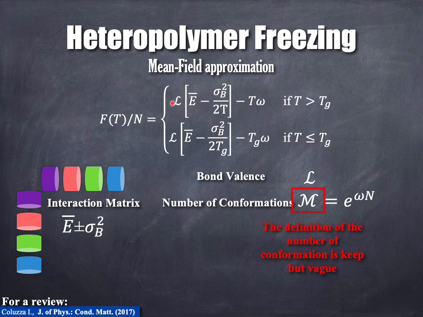You can read this expression as basically the average interaction per bond multiplied by the total number of bonds that each element on average sees, minus the entropic contribution coming from all the conformations that the system can adopt. A key element of all this description, as we will see later, is the definition of this number of conformations.